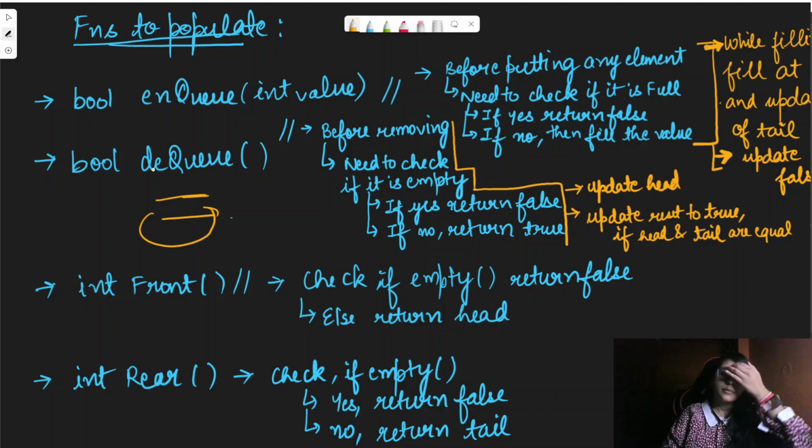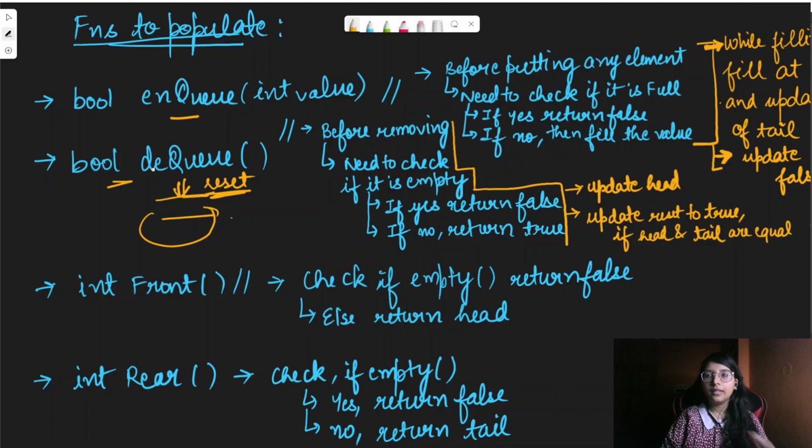So that simply means that this particular data structure is empty. Because of this reset flag only, we are able to check whether it's empty or full. The other condition which is true for both is that head and tail are pointing towards the same pointer. Because head and tail would be pointing here, and our reset flag is the only way to let us know. Here we are making it false, and here we are making it true. When both head and tail are pointing to each other, earlier it was false, but now we will be making it true, because now it will be empty.